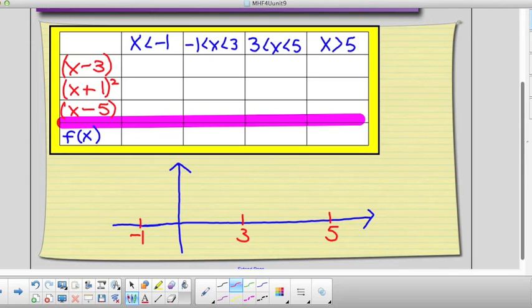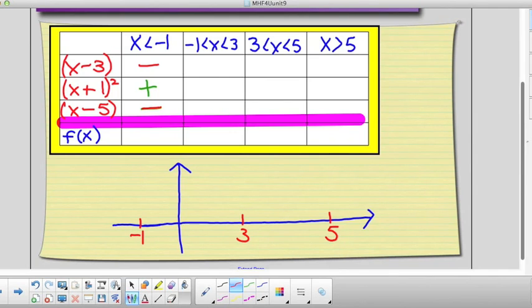Is -4 minus 3 going to give me a negative number? Yes. -4 plus 1 is going to be -3, but -3 squared gives me a positive number. So that's positive. And -4 minus 5 is going to give me a negative number.